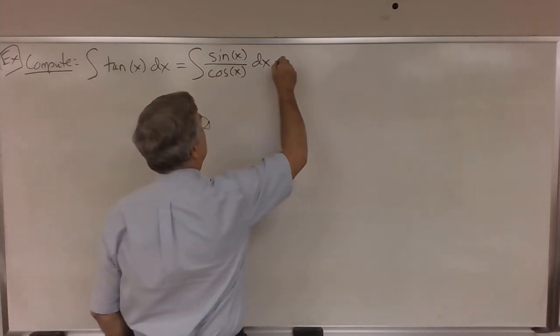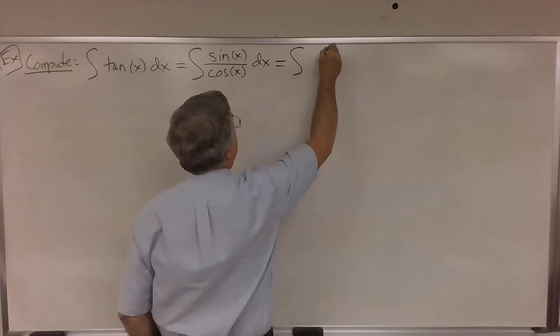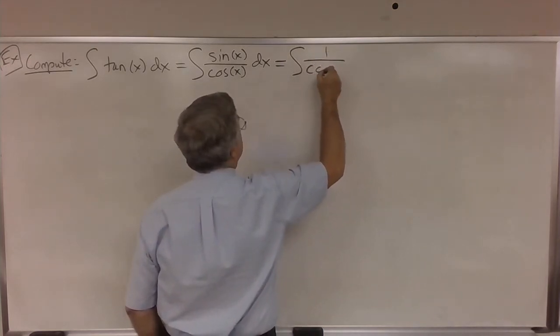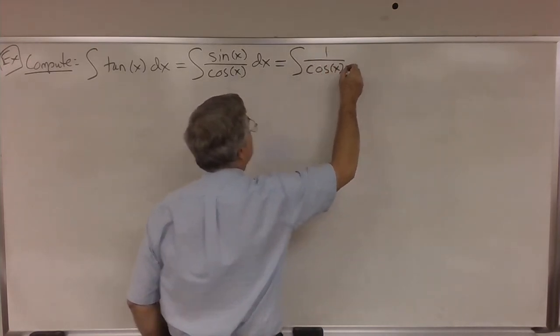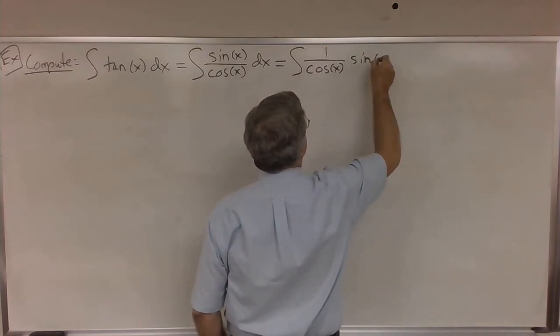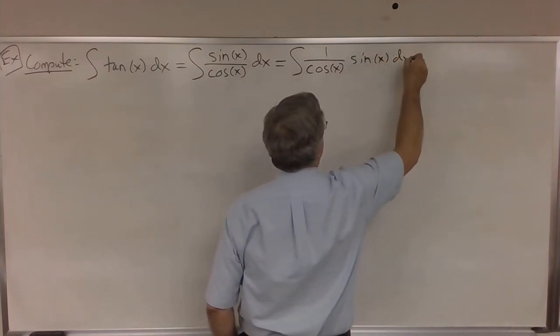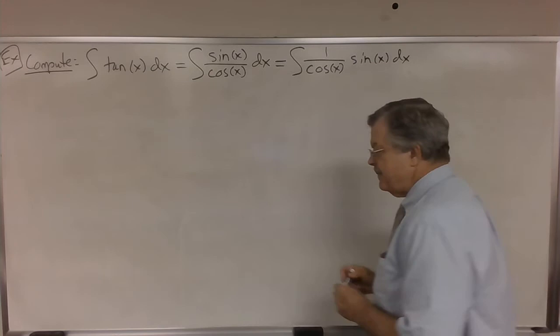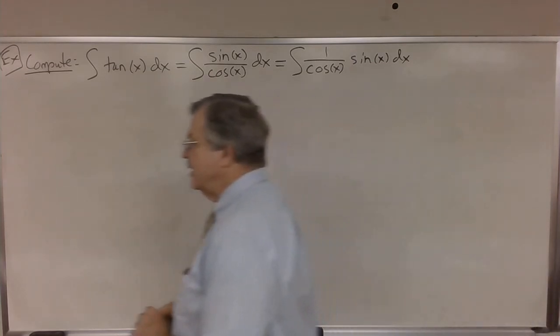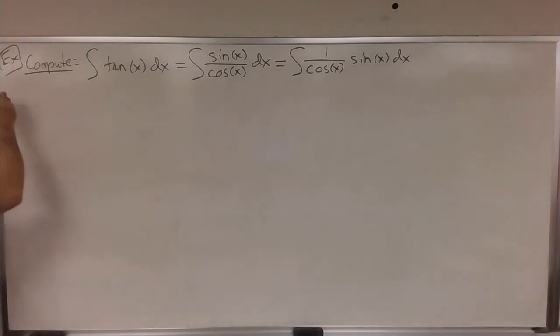That's the way it works. So I'm going to write this as 1 over cosine of x times sine of x, and we determine if u-sub is appropriate.